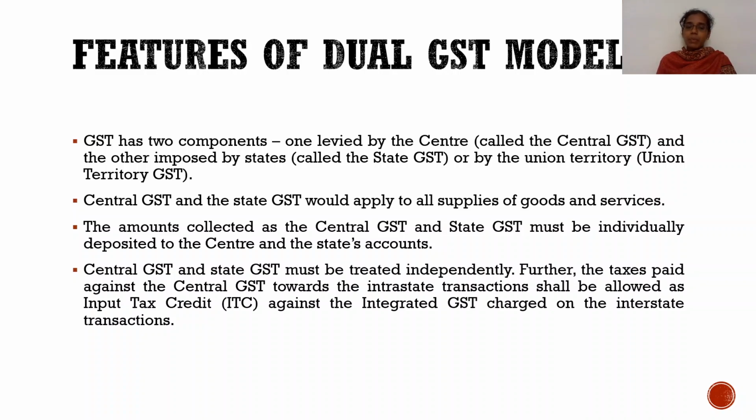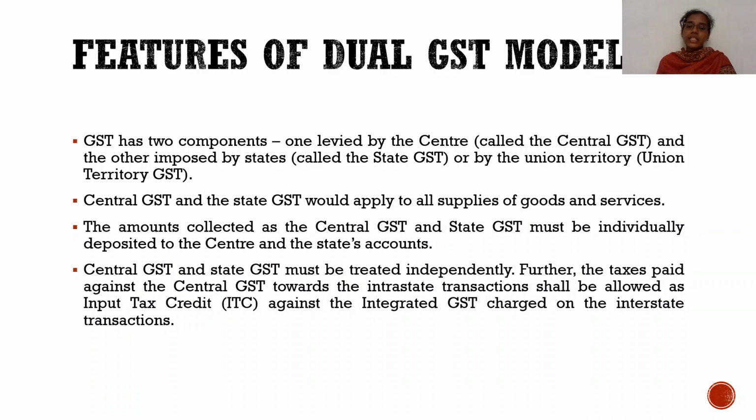Further, the taxes paid against CGST towards an intrastate transaction shall be allowed as input tax credit against the IGST charged on the interstate, where we have this option of availing the input tax credit. That is the tax that is already paid on the purchases. We can claim those taxes that we have already paid.